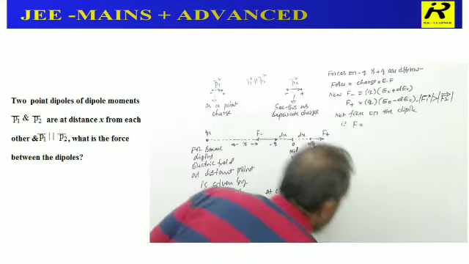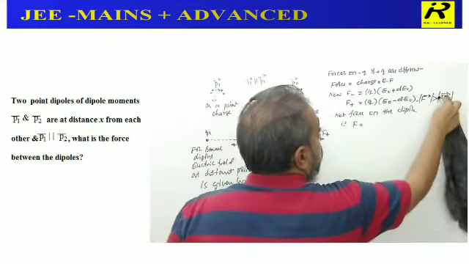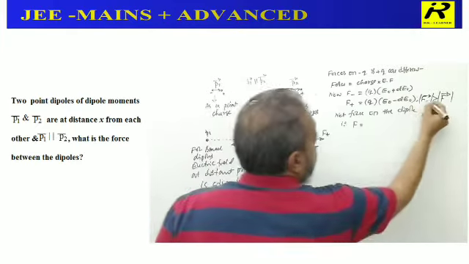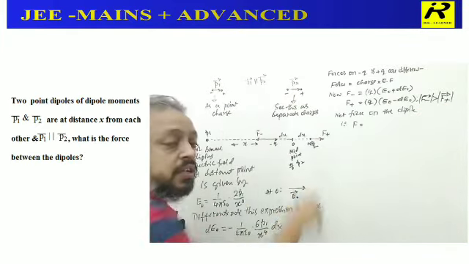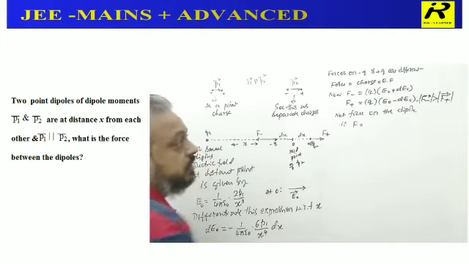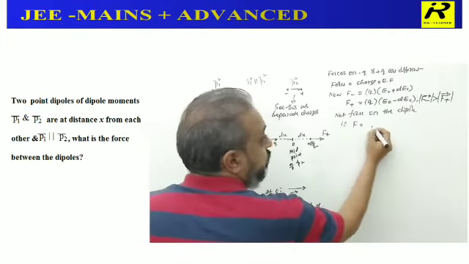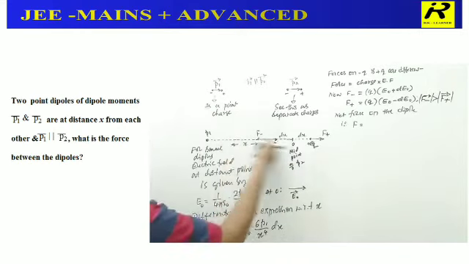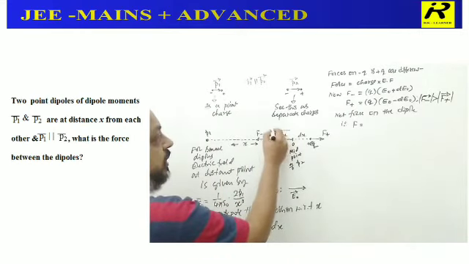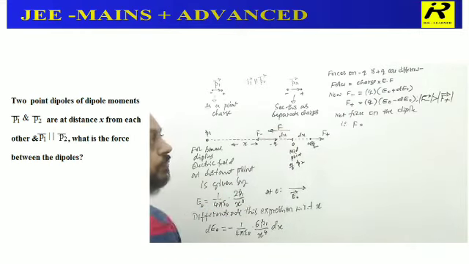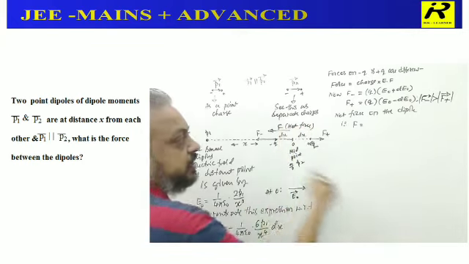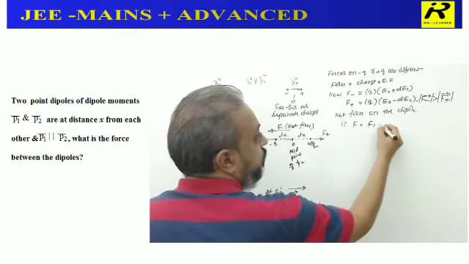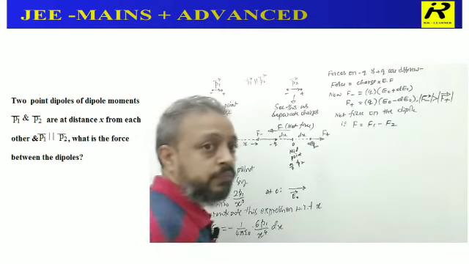So, I should not use F1 and F2, I should use terms like F minus and F plus. So, F minus is more than F plus. For that reason the net force will be in this direction. So, this is the direction of net force F, and that means what I have to do is F1 minus F2 should be written.